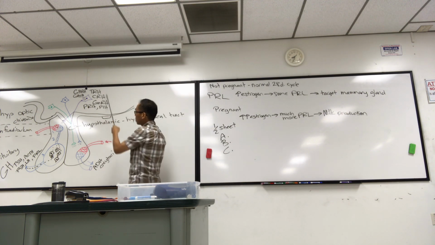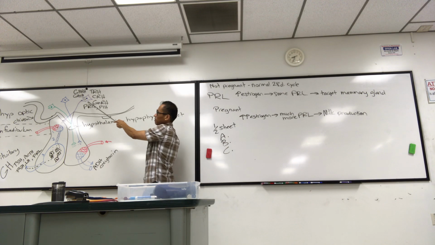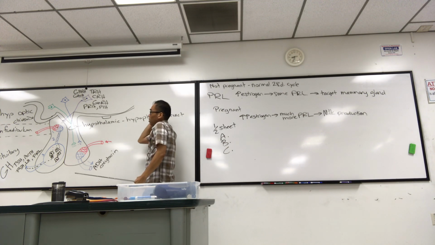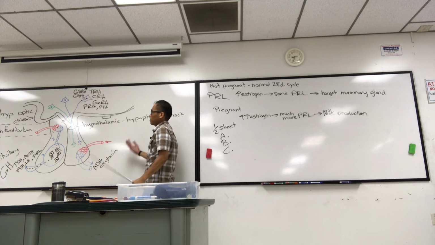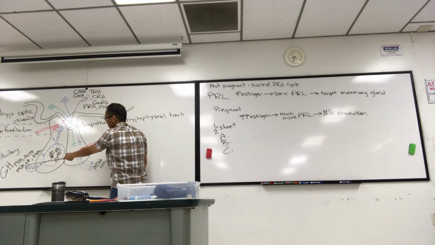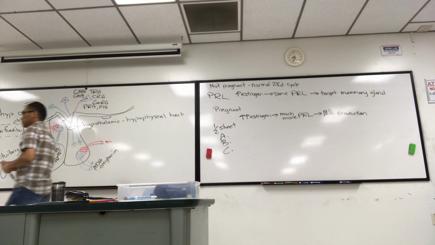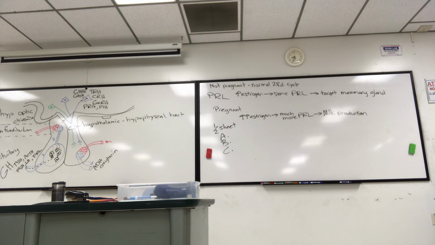I'll point to this cell and I say, you know, name some hormones that are secreted. And a lot of students, they'll put these ones, but that's not correct. It's all the ones up here. So let me spend some time thinking about that. Let's move on.